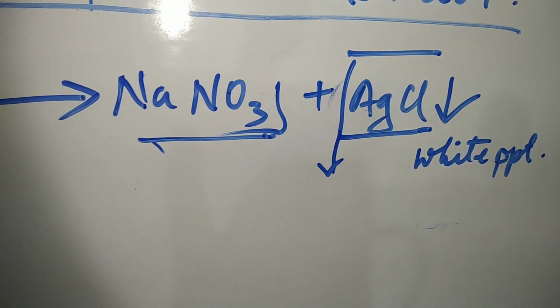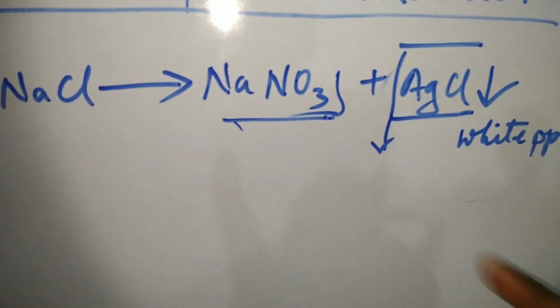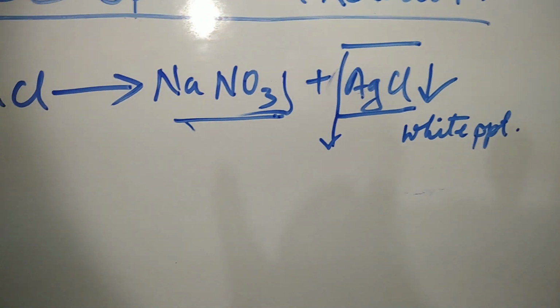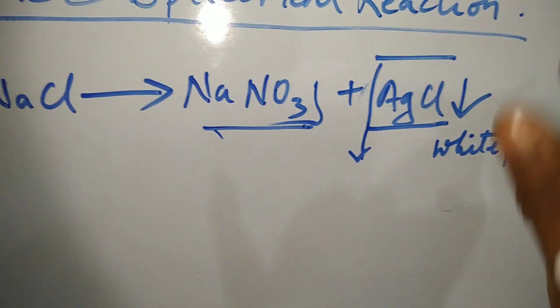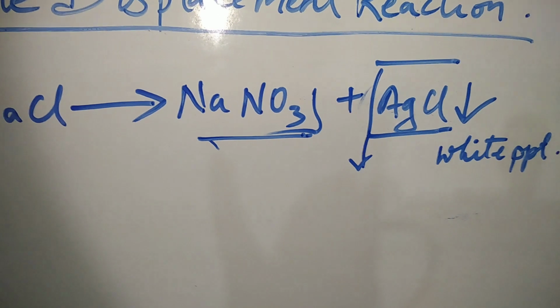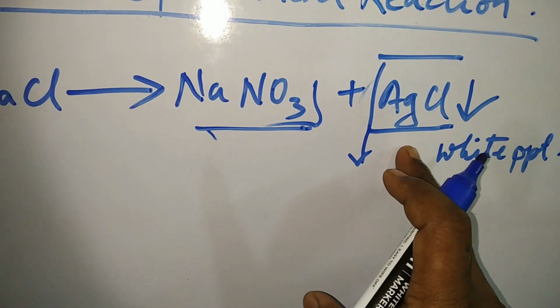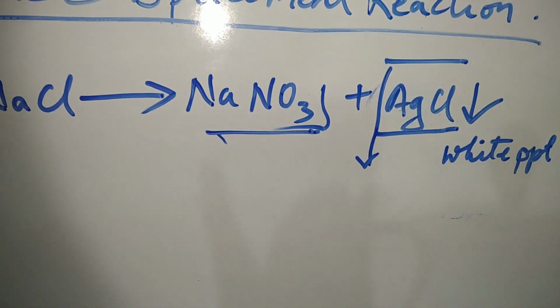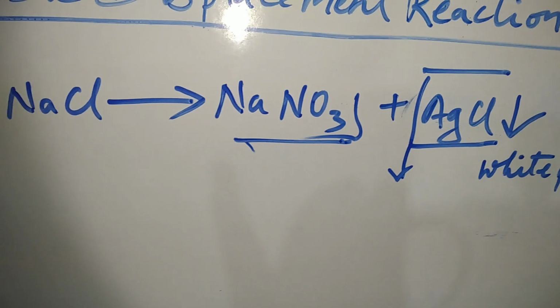Basically the lattice energy, means formation energy, is much higher than the formation energy of water. So it is not possible for water to break down this AgCl and make an aqueous solution of silver chloride.